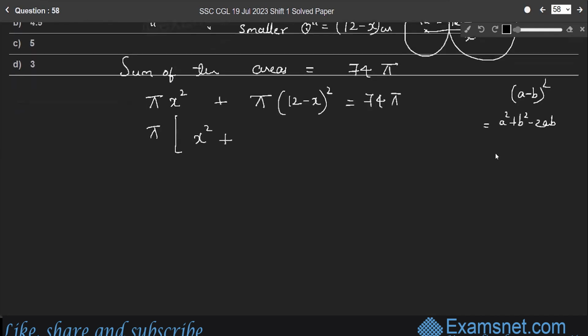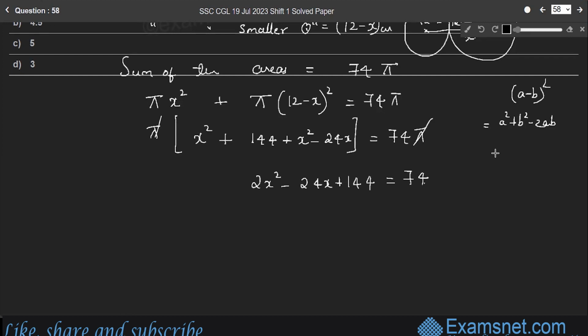Therefore, 12 minus x the whole square becomes 144 plus x square minus 24x, is equal to 74. We can cancel pi and pi here. So we have x square plus x square, which is 2x square, so 2x square minus 24x plus 144 is equal to 74.